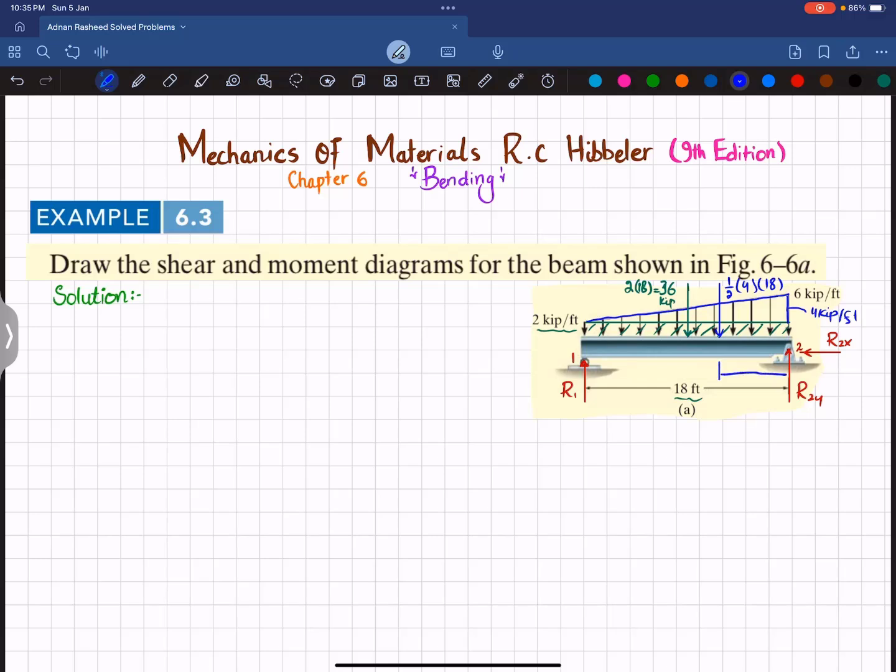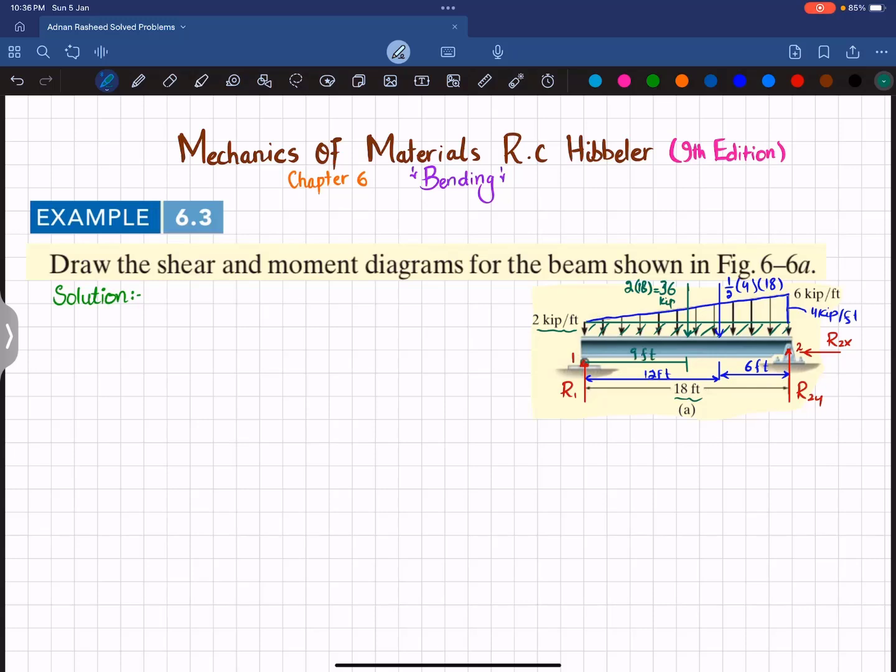So L is 18, so 18 by 3 is 6 feet. So 6 feet from this side and 12 feet from this side. Okay, and the rectangular distributed load, since it is acting at the middle, will be at a distance of half of the 18, which is equal to 9 feet.